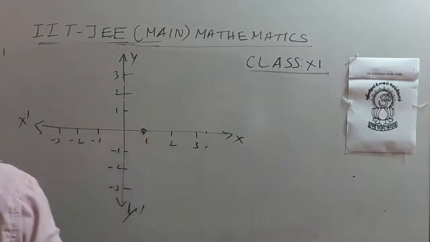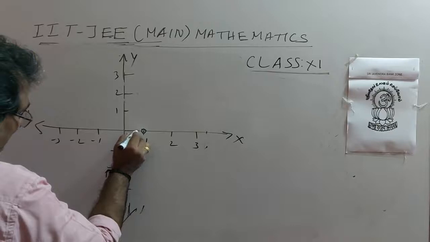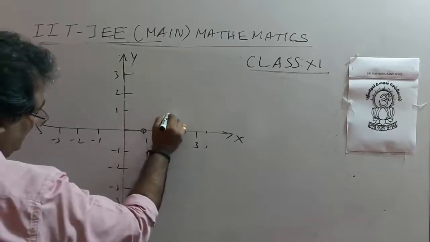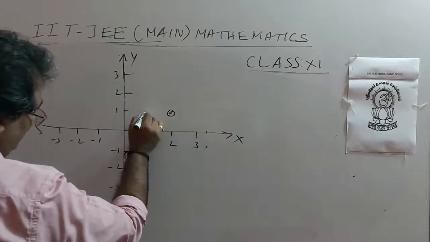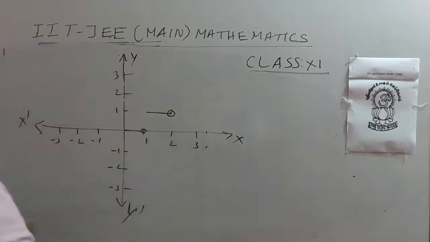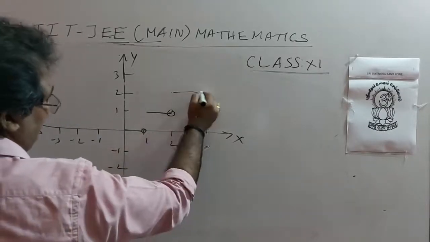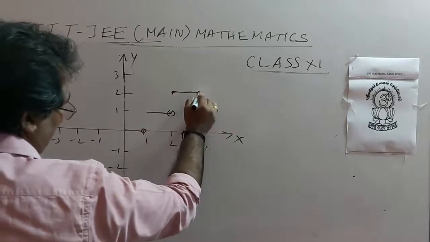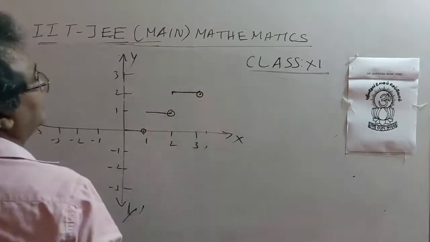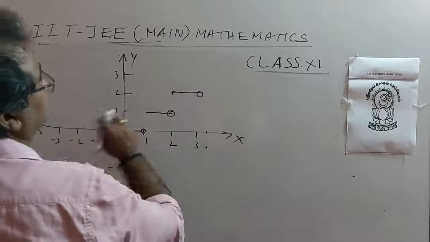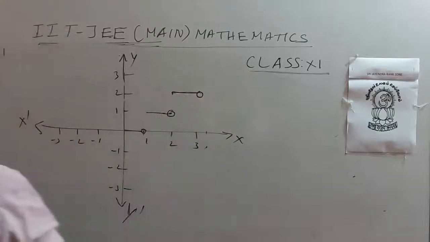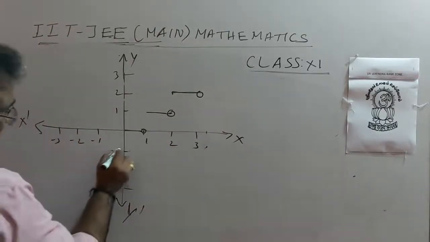The answer 1 will not come up to this point only. Next, the 2 will not take up to this only, the graph. Regarding 3, you take 2 to 3, excluding 3. You will take all values like that.